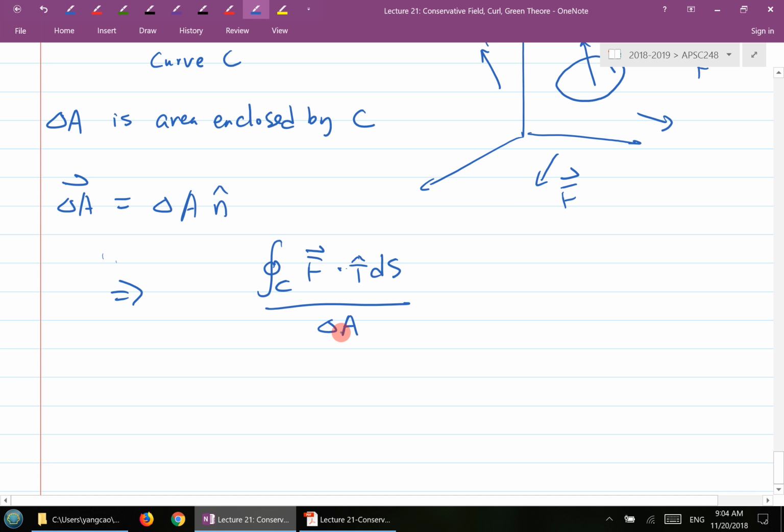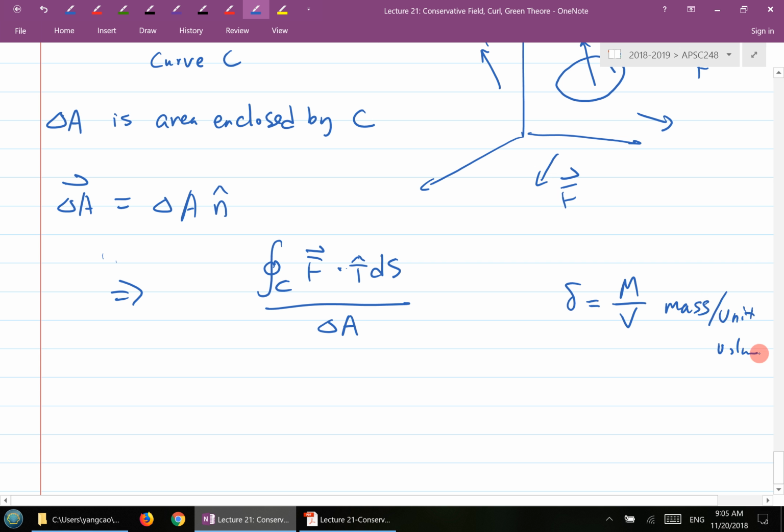I want you to compare it to the simple one. What's the definition of mass density? What divided by what? Mass per unit volume, exactly. So mass density is delta mass over delta volume, mass per unit volume.